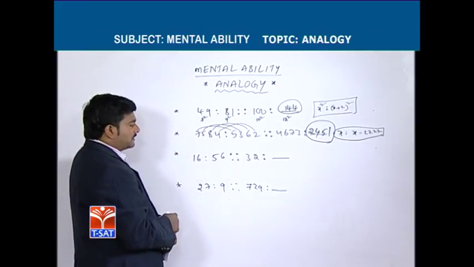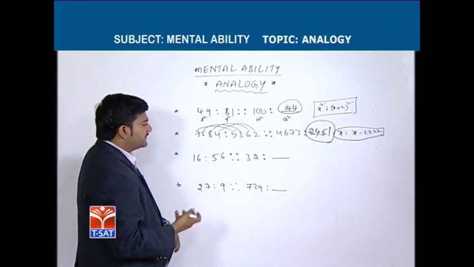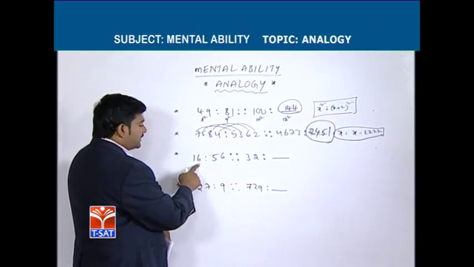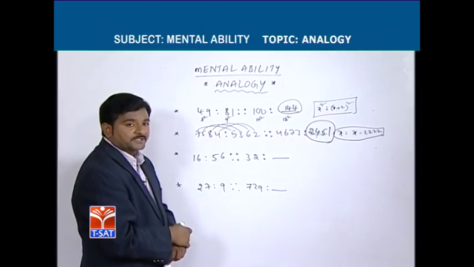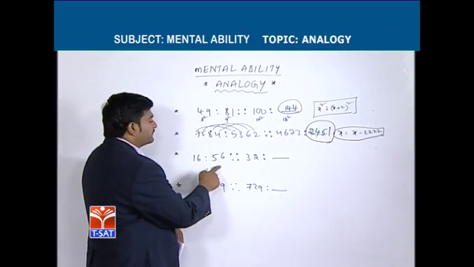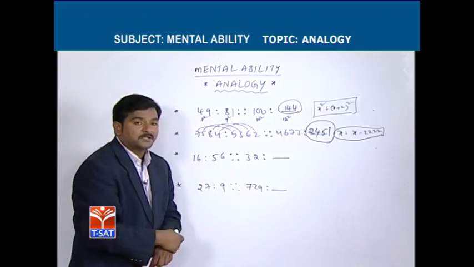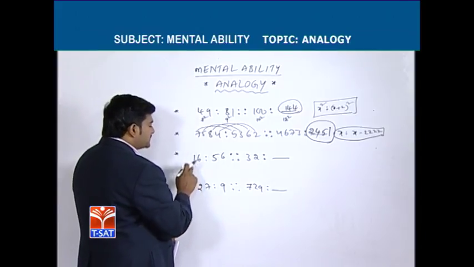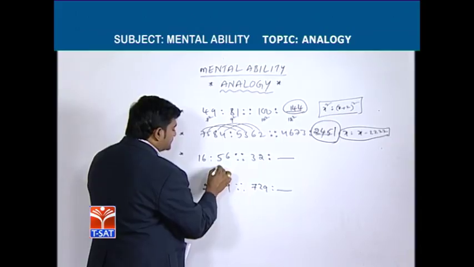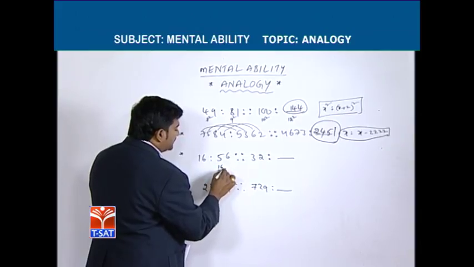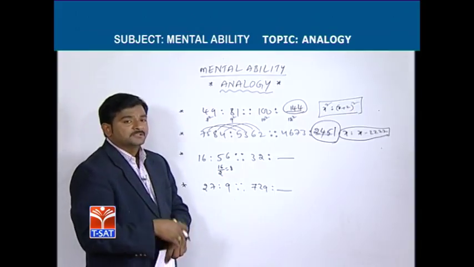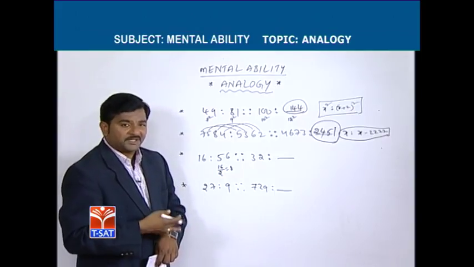See, this is a somewhat different concept. You may think in a different way, but what I thought is: 16 is to 56, as 32 is to dash. What does it mean? Let's say 16, half of 16. Half of 16 means what am I getting? 8 I am getting.